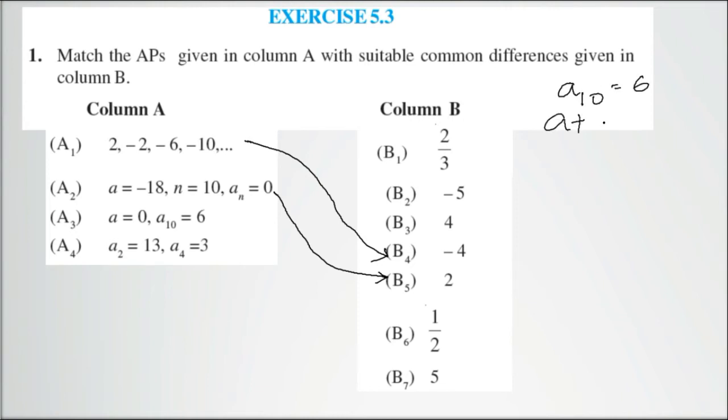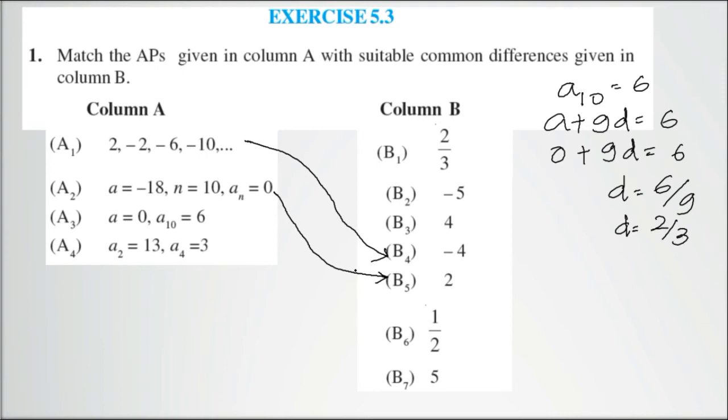So a plus 9d will be equal to 6. If you replace a with 0, 0 plus 9d will be 6. D will be equal to 6 by 9. So d value will be 2 by 3. 2 by 3 is present in the first option. So A3 matches with B1.